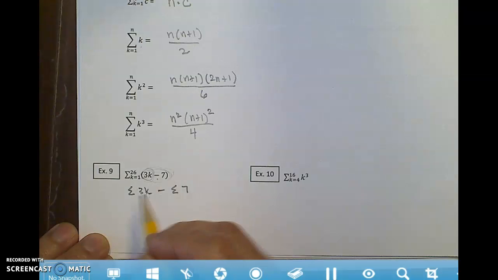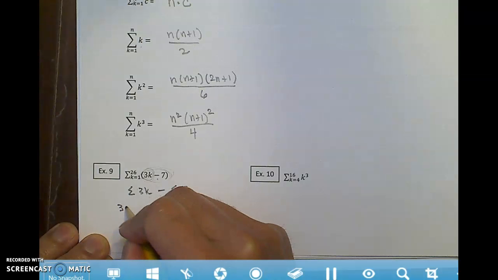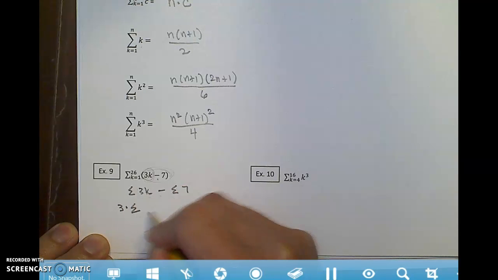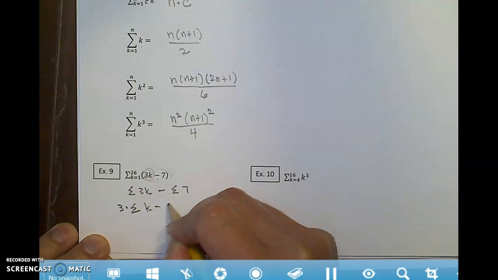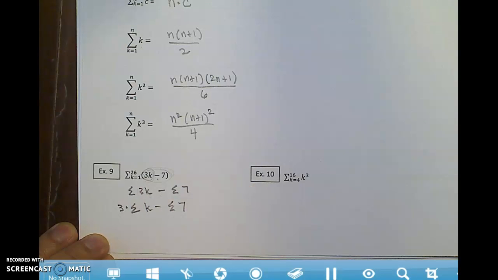So break this up as 3 times the summation of k minus the summation of 7. Okay, so here I'm showing you how we can use the properties from the notes above.